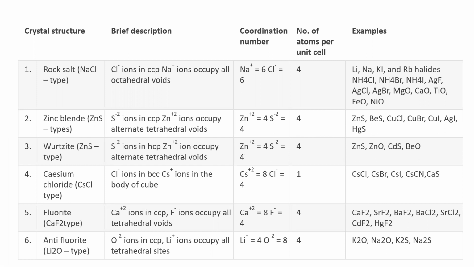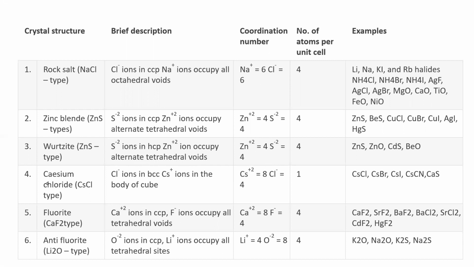Next, the wurtzite structure: sulfide ions occupy HCP and zinc ions occupy alternate tetrahedral voids. Here in place of CCP it is HCP, that is the only difference. Examples: zinc sulfide, zinc oxide, cadmium sulfide, beryllium oxide. The coordination number is also the same, that is 4:4.